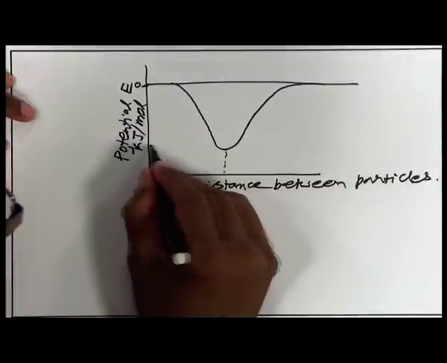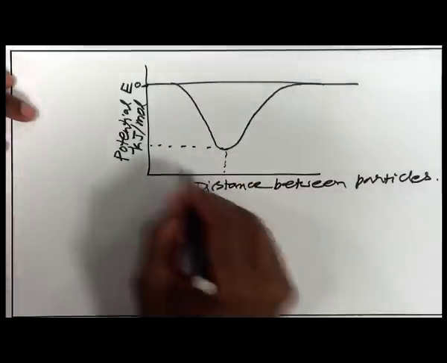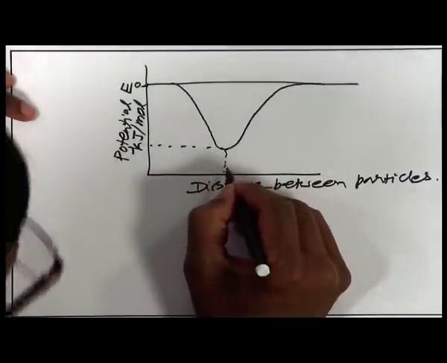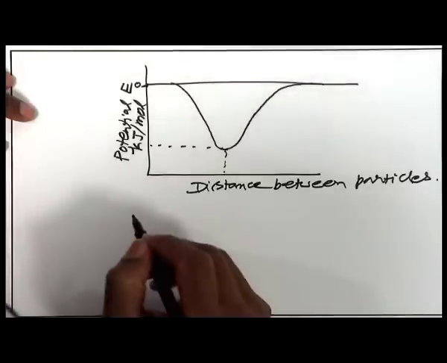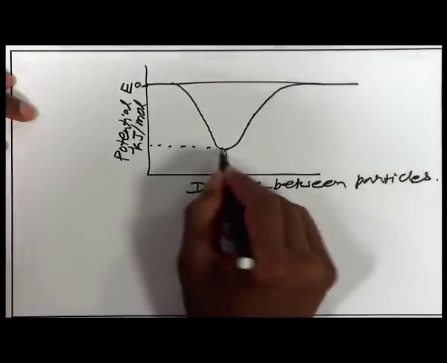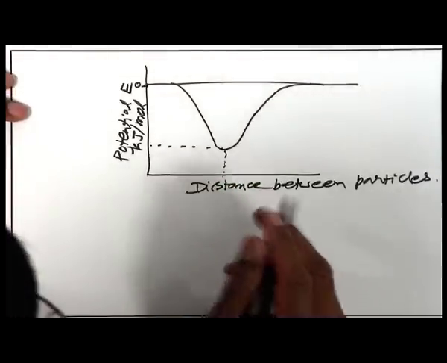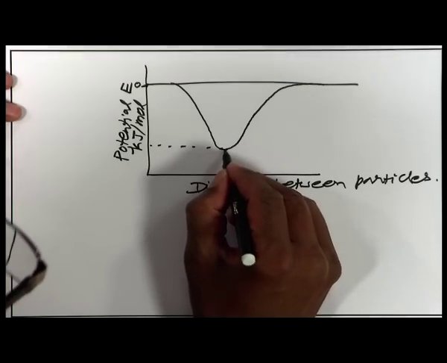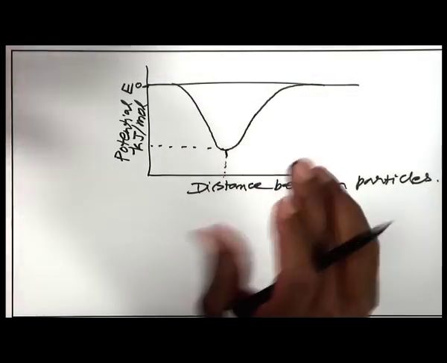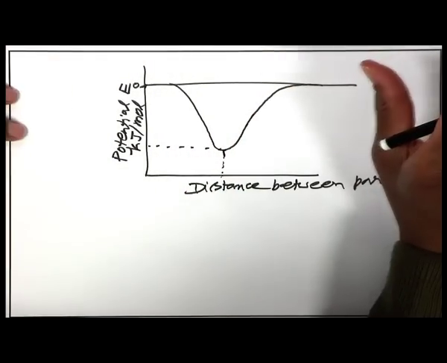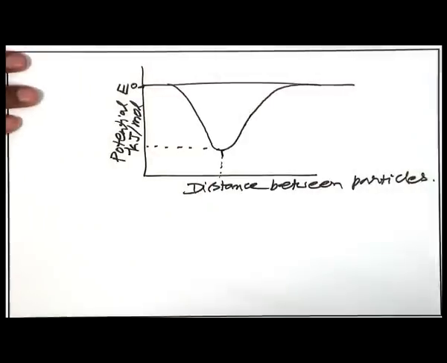This is the energy at this distance, and this is the distance at which this is the energy. So, at this point the repulsive and attractive forces are balanced.